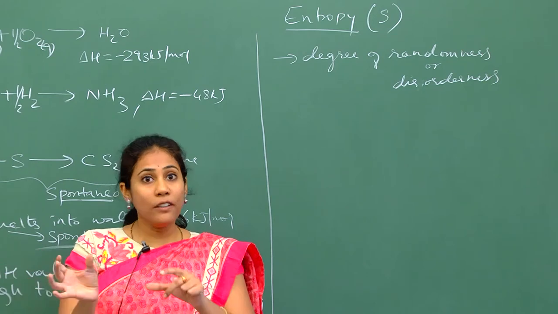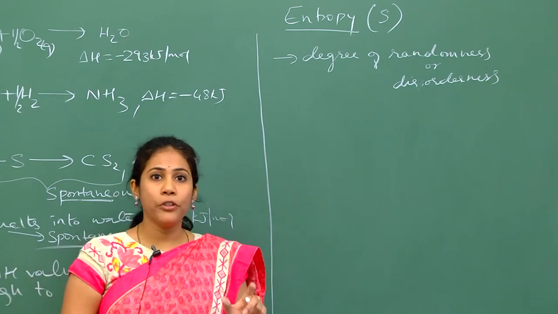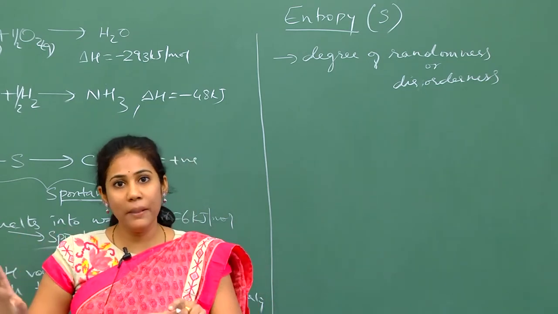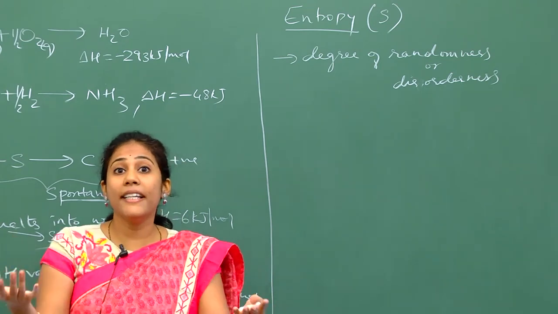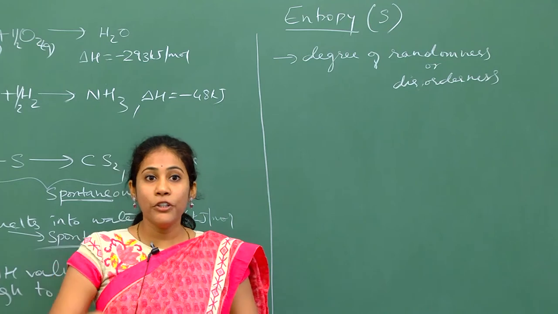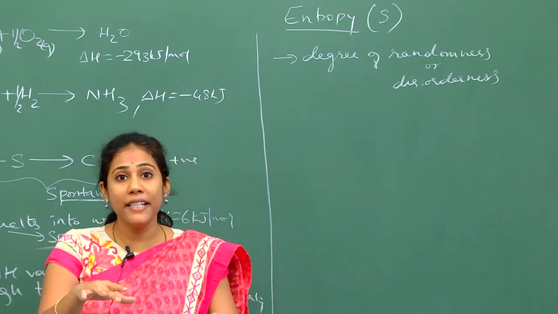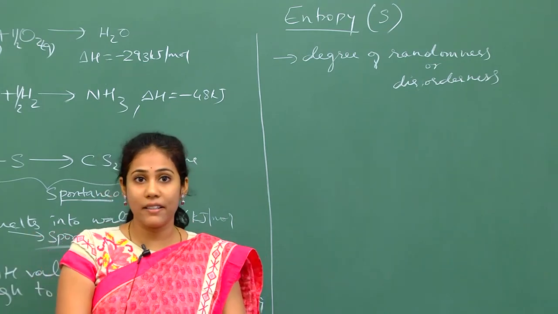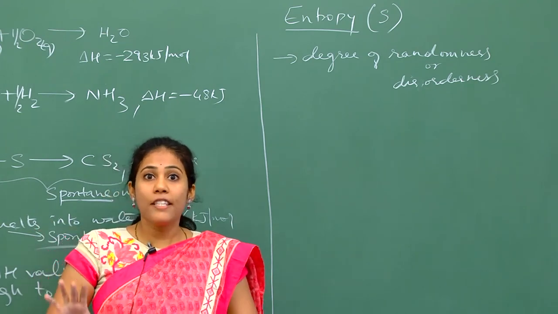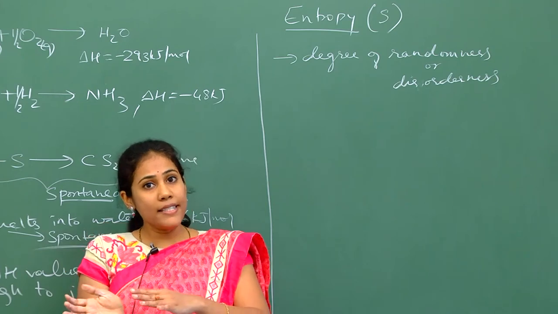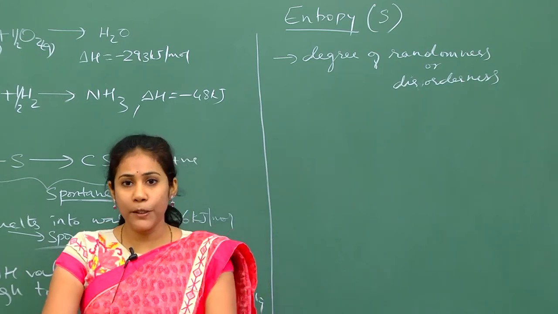Yes or no? But once the teacher goes outside, do you sit in the same orderly manner? No, you keep moving here and there. That means disorderness has increased. You keep moving randomly, that means randomness has increased. That itself we call entropy. So what I say, as long as the teacher is there inside the class, entropy is very less.